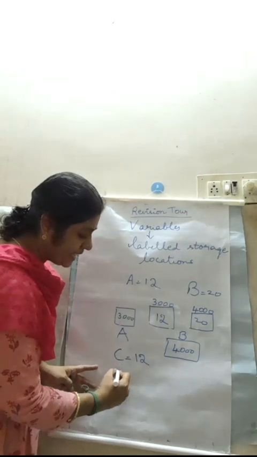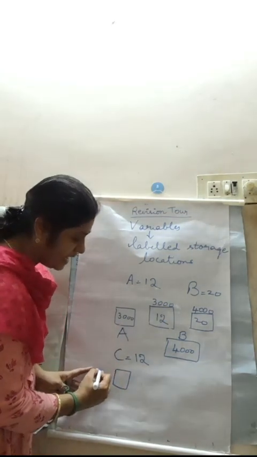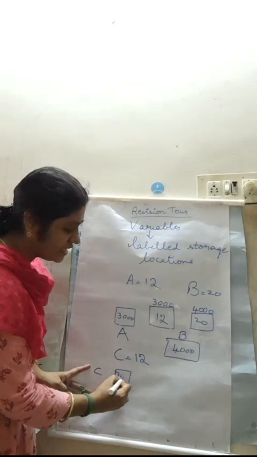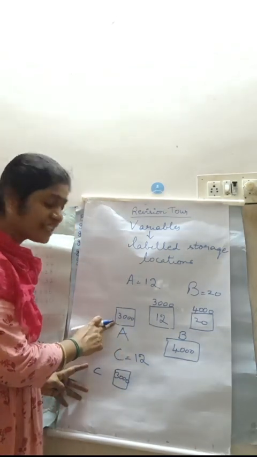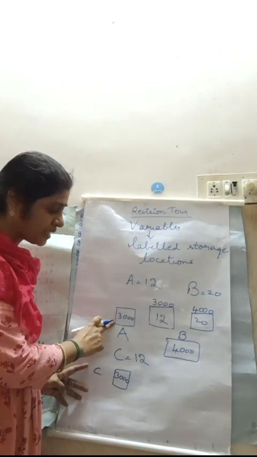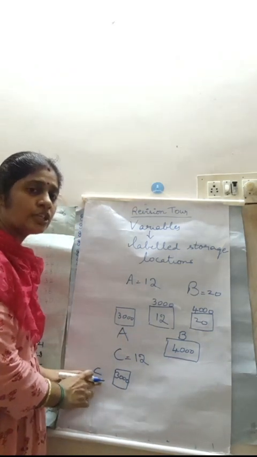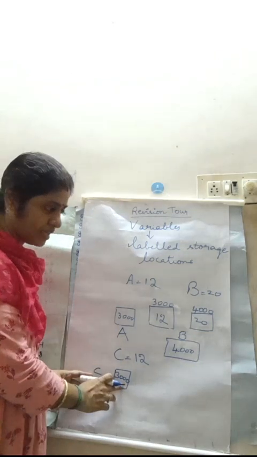So even C will reference location 3000. So A is referencing location 3000 and C is also referencing location 3000.